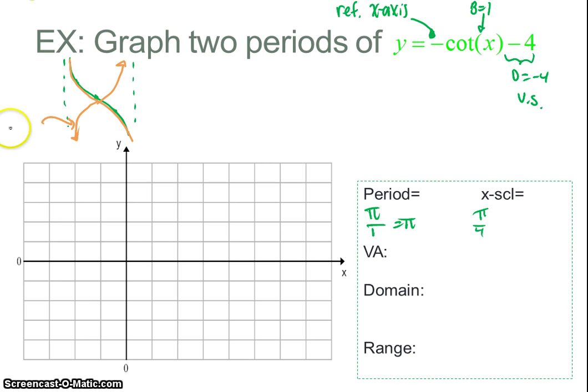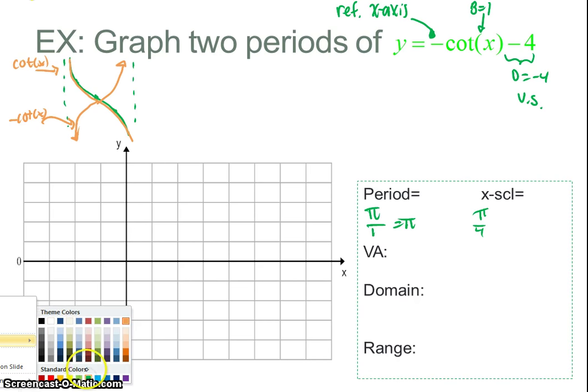So we're going to have a negative cotangent function and a positive cotangent function. And a negative cotangent function, since it rises from the left to the right, looks just like a tangent function.